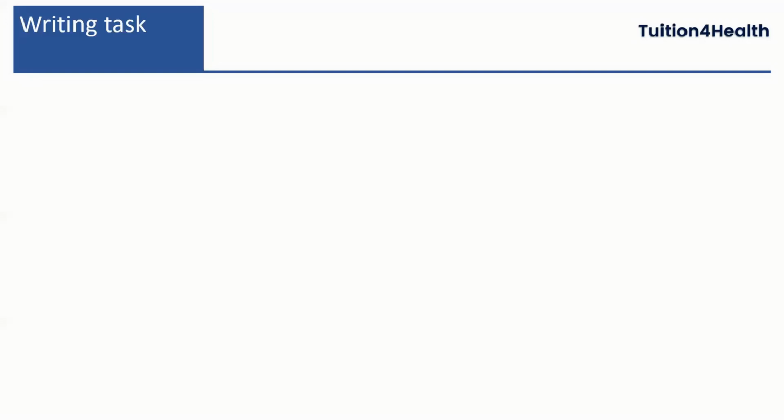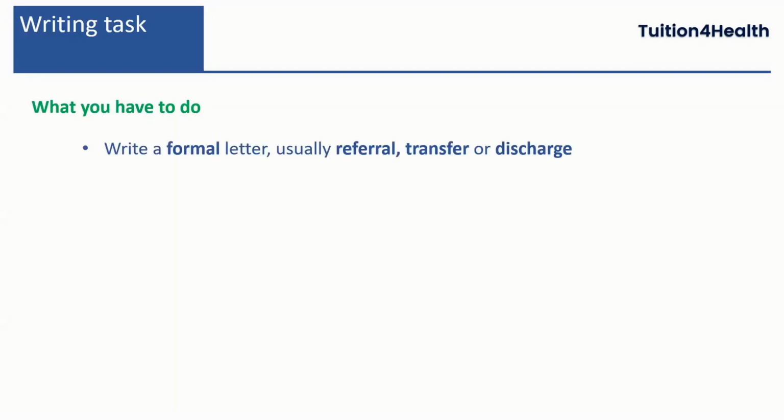So what do you have to do? You need to write a letter about your patient. Think of it as a written handover. There will be more information in the notes than you need, so you'll have to be able to pick out what is relevant to the person who will read your letter.